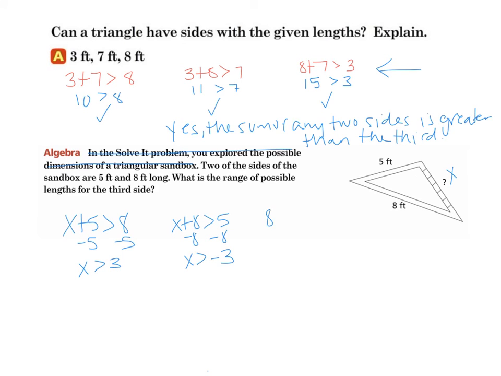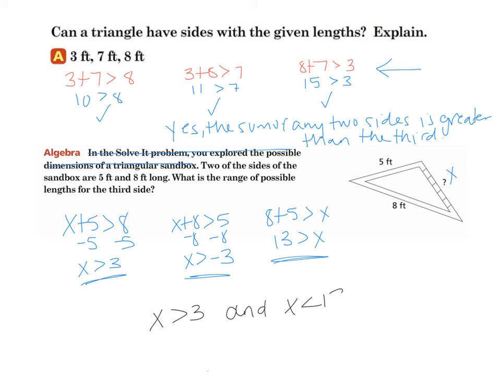And we also know that 8 plus 5 needs to be bigger than x, so we know that 13 needs to be bigger than x. So what does all that mean? Well, we need to make sure that the numbers satisfy bigger than 3, bigger than negative 3, but less than 13. So what that means is that x needs to be greater than 3 and less than 13.